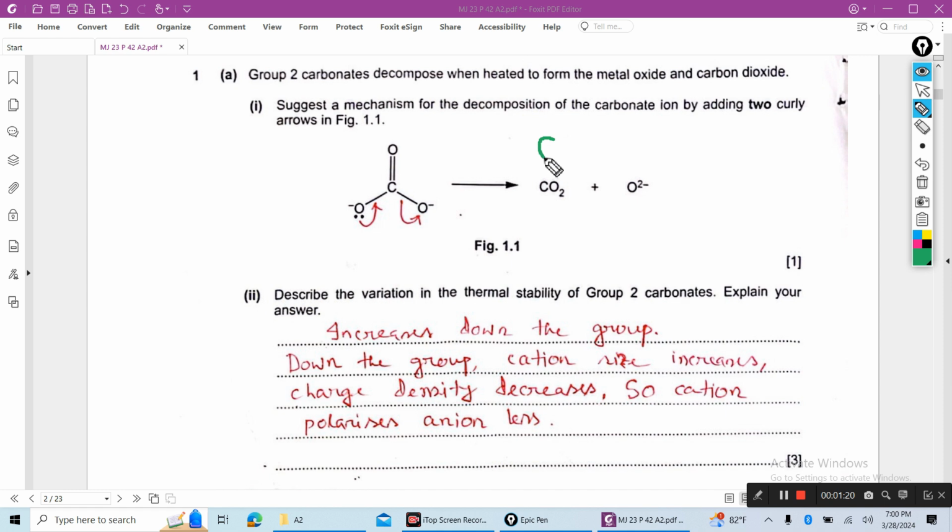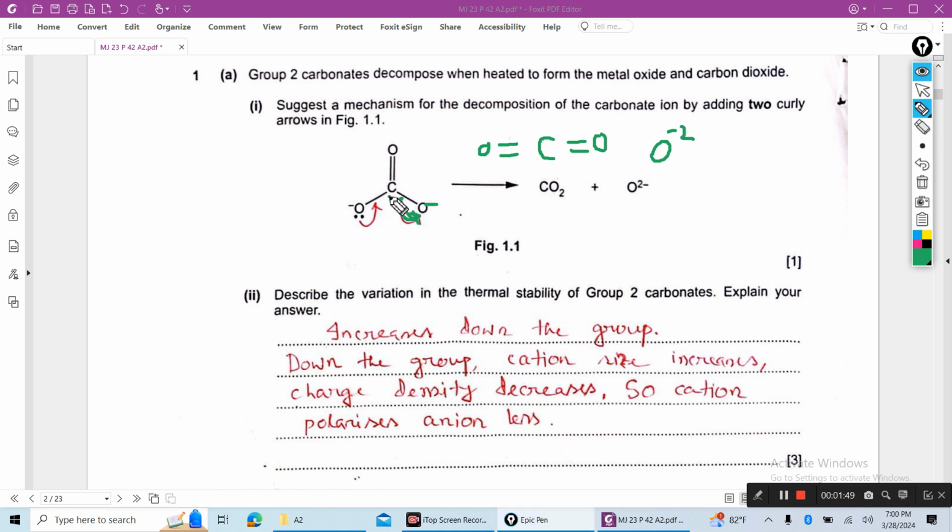So you know carbon dioxide has carbon oxygen double bonds, and the oxide ion is given as O2-. Here this bond, 2 electrons go to this oxygen, so this is minus, and with one lone pair of electrons it becomes O2-.